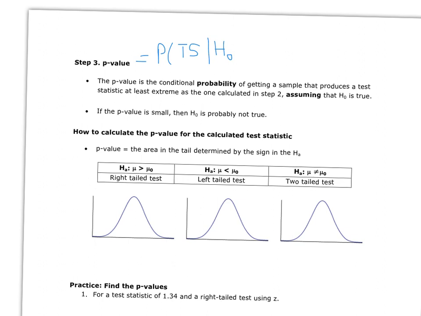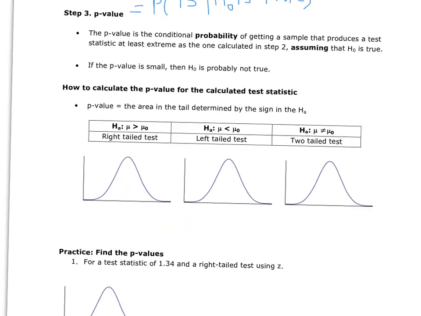So, whatever we have the parameter set to, assuming that that is true. If it's a really high probability, then it's likely that the assumption we're making, that the null is true, is correct. But if it's a really low probability, then probably our assumption is incorrect.